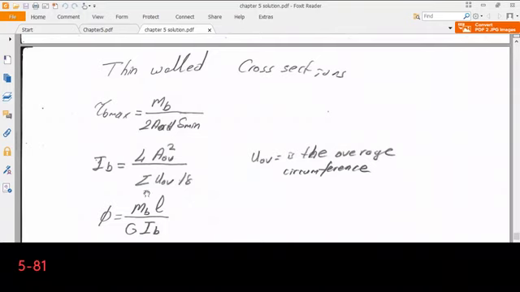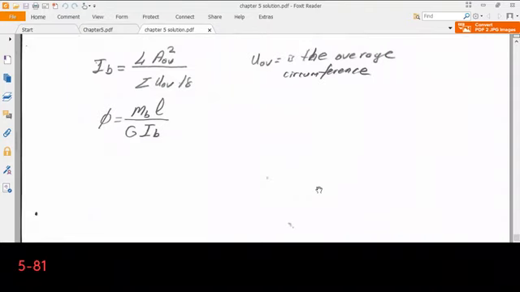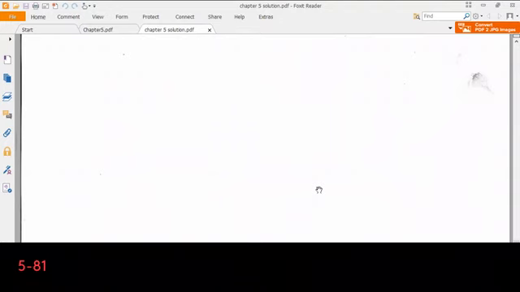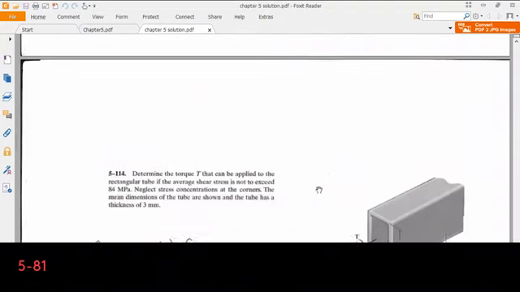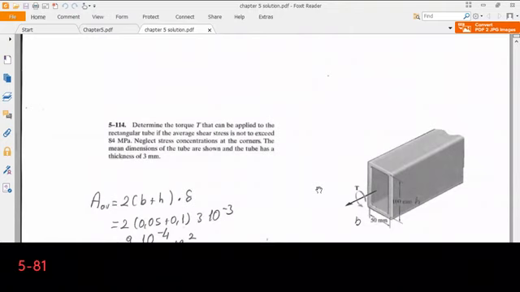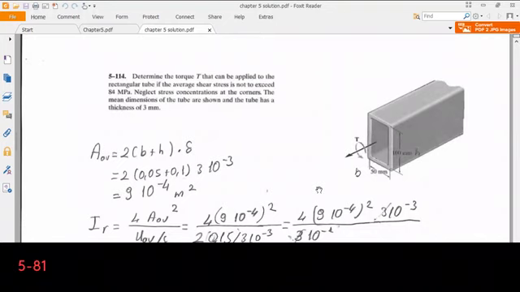In fact, the angle of twist can be calculated as torque applied MB multiplied by the length divided by shear modulus multiplied by the rotational moment of inertia IB. Here we denote the rotational moment of inertia as IB, and UAB is the average circumference. We will understand it much better when we solve the problems. Okay, our first problem is 5.114.